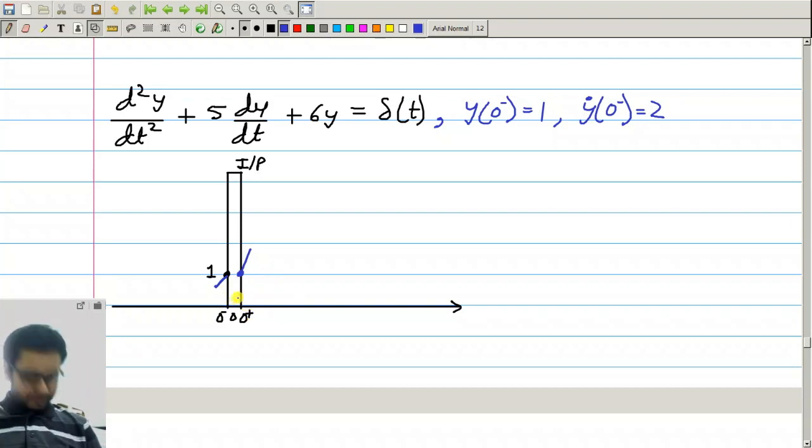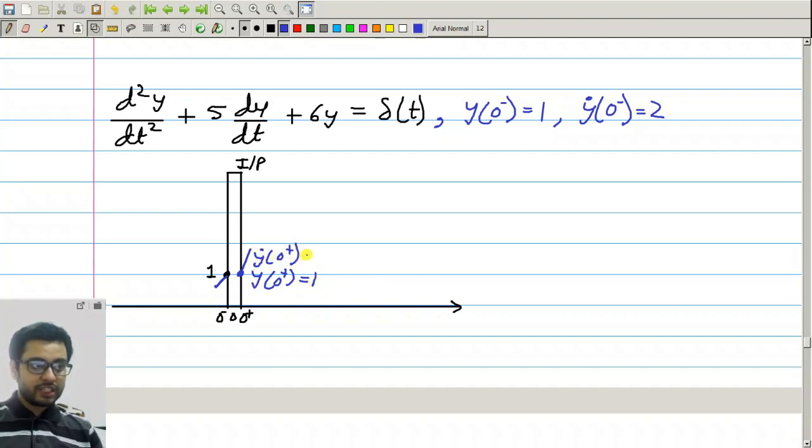Okay? Now we got y(0 plus) equal to 1 and y dot (0 plus) equal to 3. Using this value, we have solved the differential equation from here up to infinity using normal procedure.